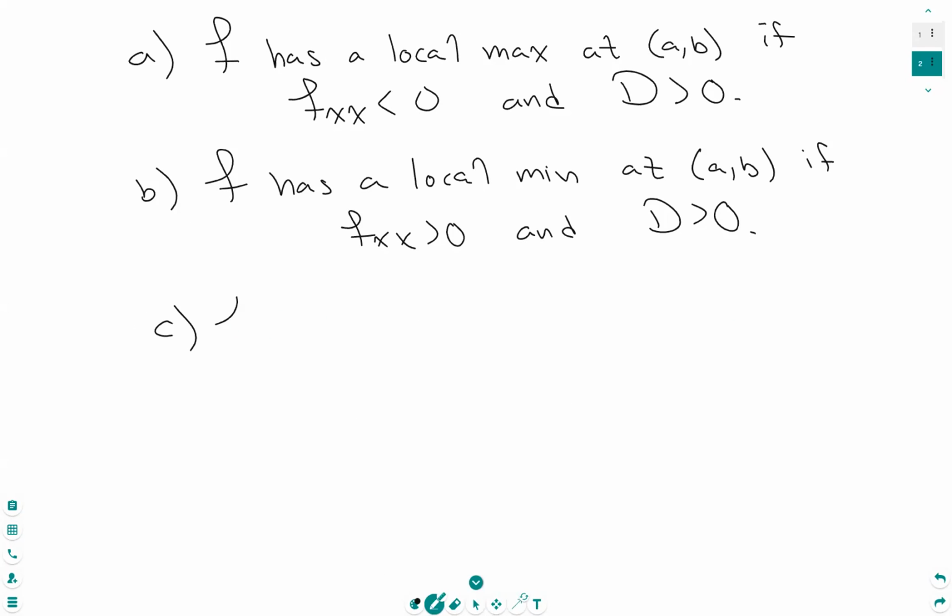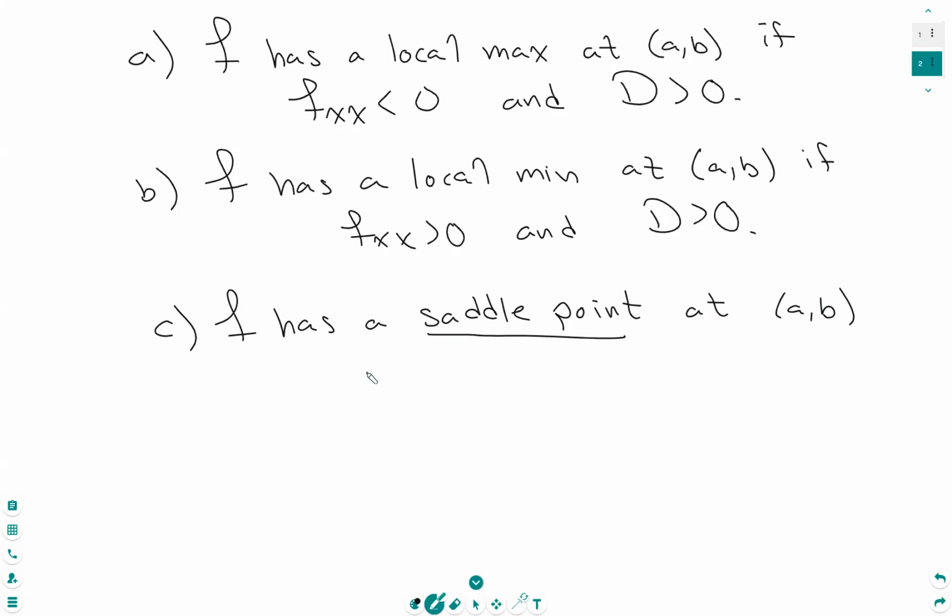So C, f has a saddle point at (a, b) if D is negative. A saddle point more or less corresponds to a max in one direction, but a min in another direction.